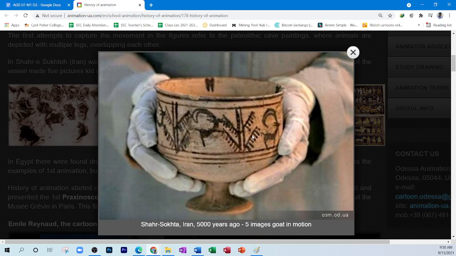So technically here, 5,000 years ago, if they were to put this cup on a spindle, not sure if they would have done that, but I would think more than likely they would have done that in the past. If they were to spin this cup, they would have created motion with the cup, and that would have caused the images to move, which would have caused the goats to actually be perceived as moving.